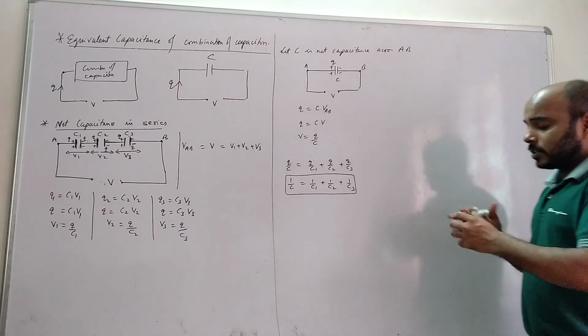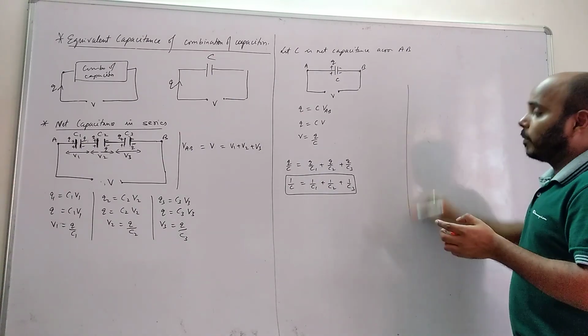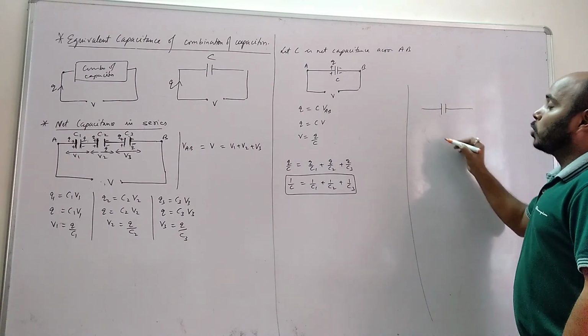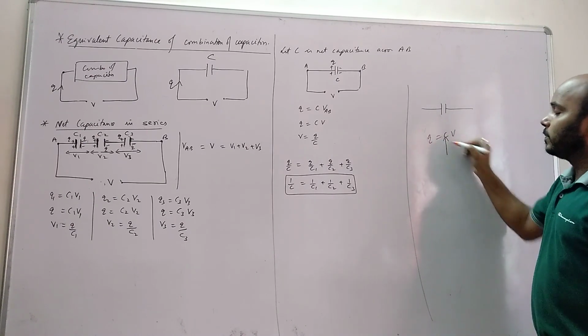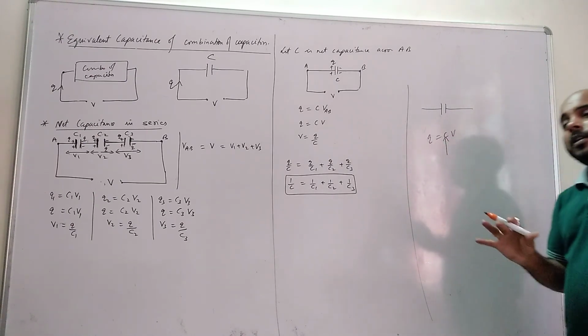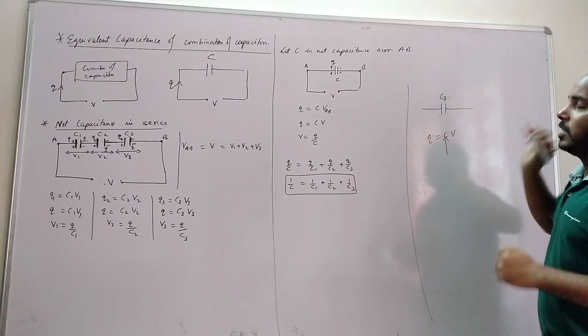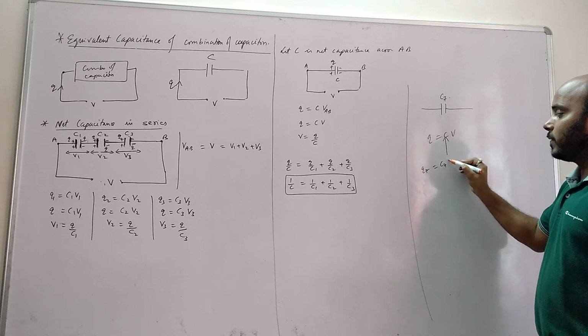Now try to understand what things you need to worry about when you use this formula, whether in numericals or in theory. To apply Q equals CV, your first job is to select C. Which capacitor do you want to apply it to? For example, capacitor C7. Then you write Q7 equals C7 V7.